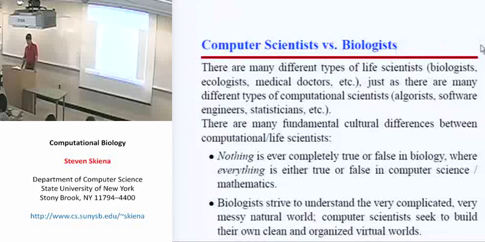So what is the difference between a computer scientist and a biologist? Well, first of all, let's think what is the same. One thing that is clear is that there are many different types of biologists. So when we say cavalierly, oh, the biologists want this, that's as silly as saying, oh, the computer scientists want this. Computer scientists, there's people who study algorithms, there's people who do hardware, there's systems people.